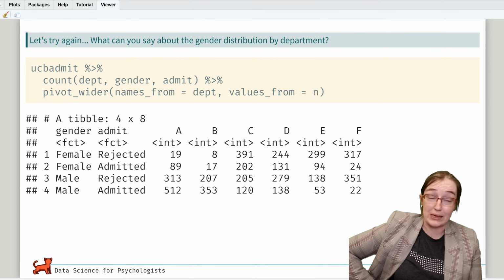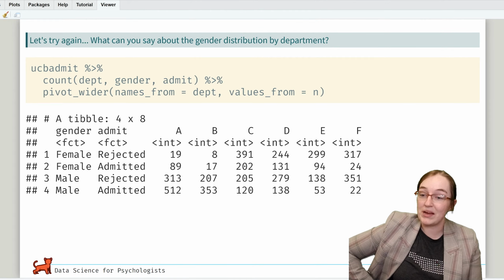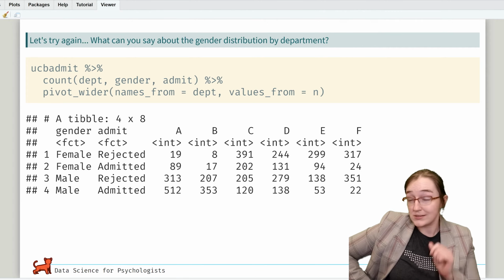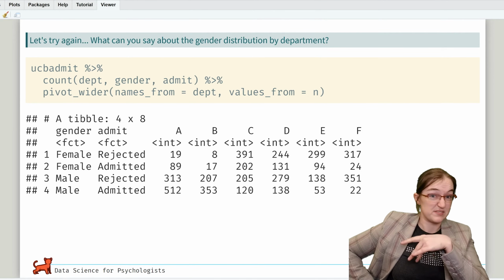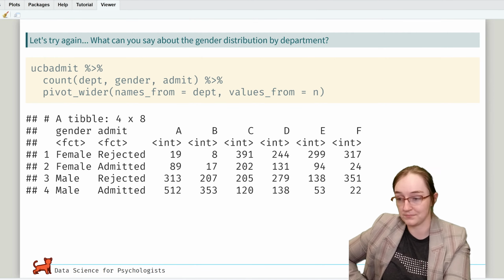And that was big. My cohort was half female, which is kind of cool, but the proportions are very different.